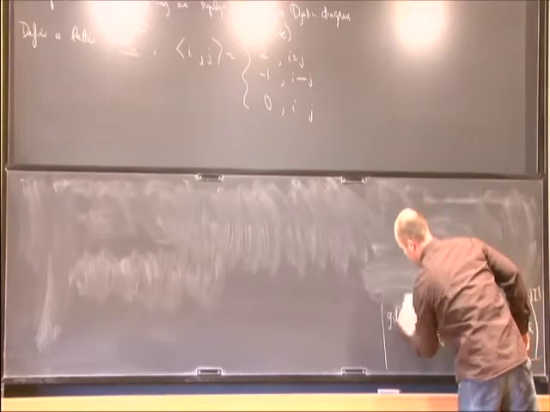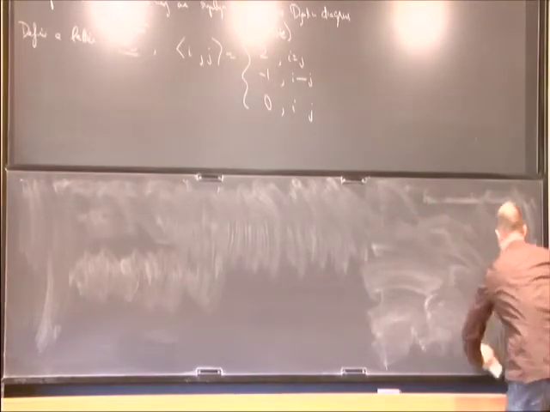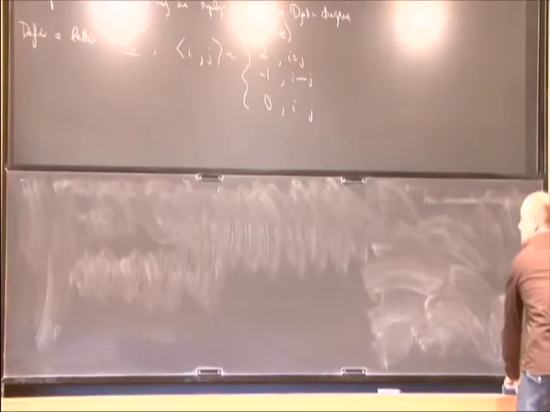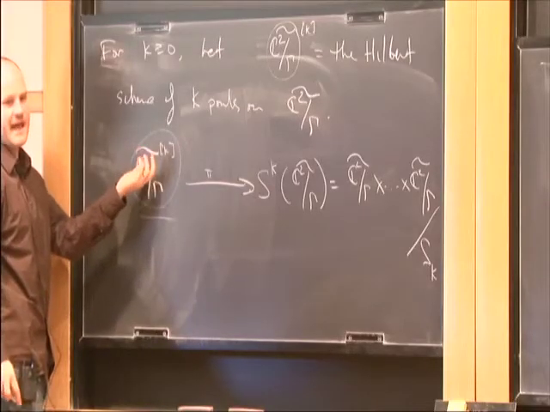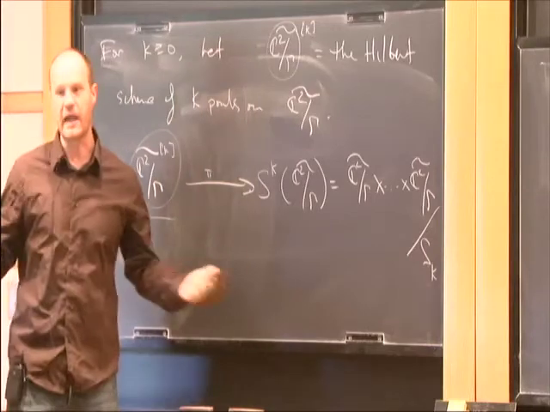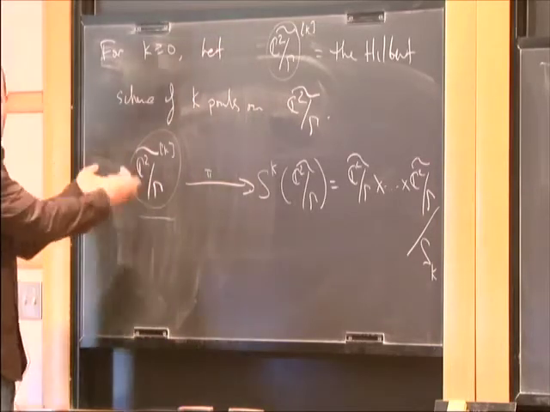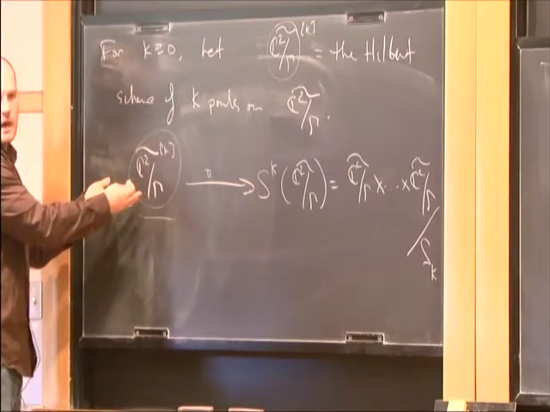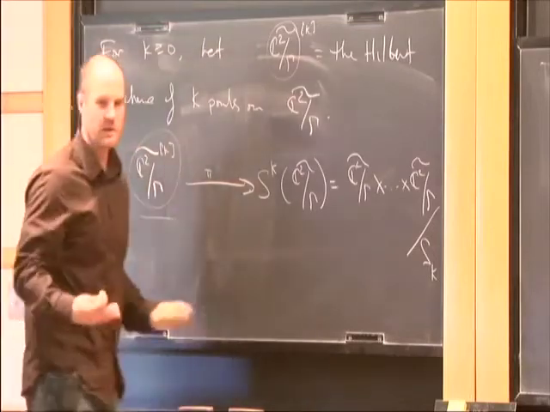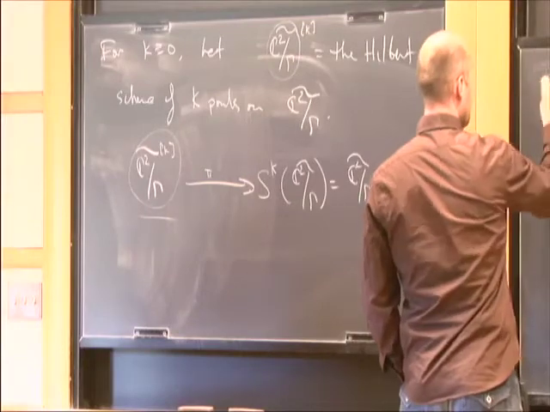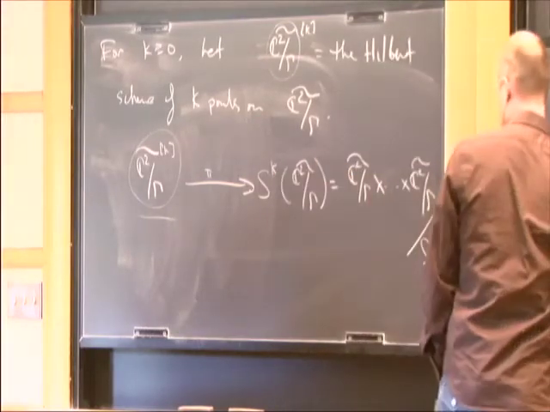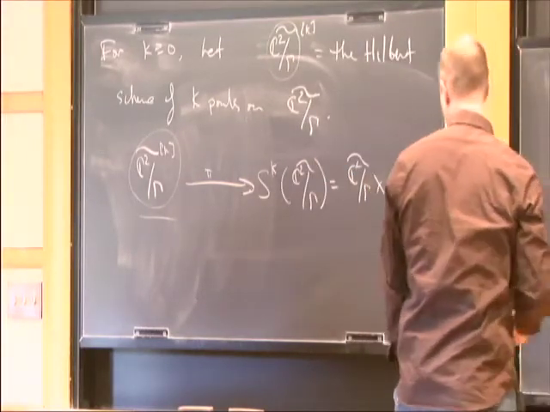The philosophy in studying these spaces is similar to the philosophy you see when you study representations of symmetric groups, which is that you should not consider the Hilbert scheme of k points on this space for fixed k in isolation. You should consider them for all k together. Whatever geometric property you're interested in, you should consider all k together and see what sort of extra structure emerges. So here's an example of a sense in which that's a useful perspective.